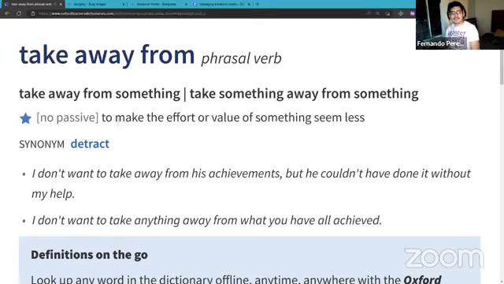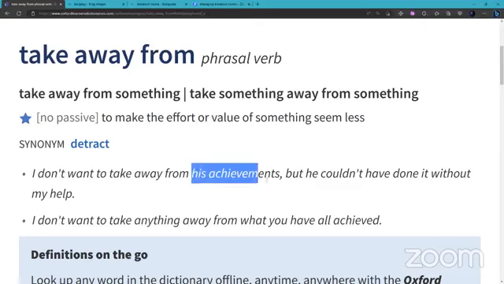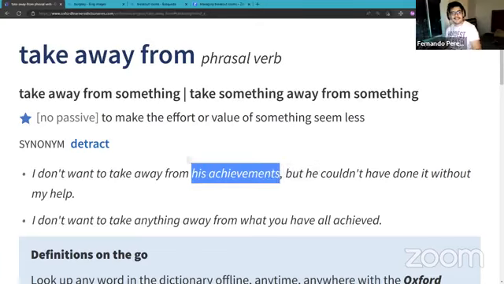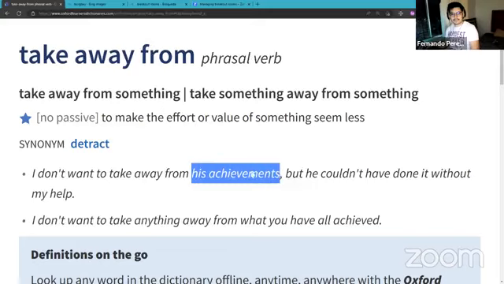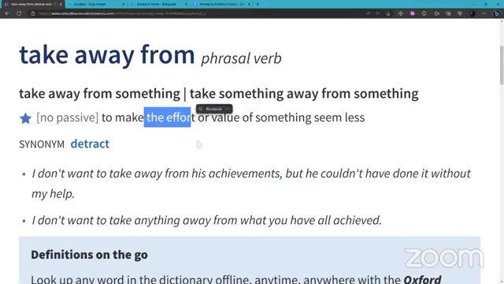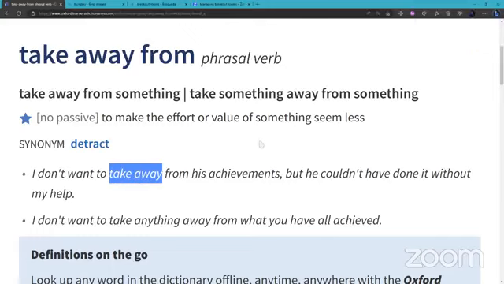In the definition, you are making the effort seem less. If the effort is equivalent to his achievements, then you can remove the effort. I don't want to take away from his efforts. What we need to do is replace the verb, not the noun. Ah, okay, take away.